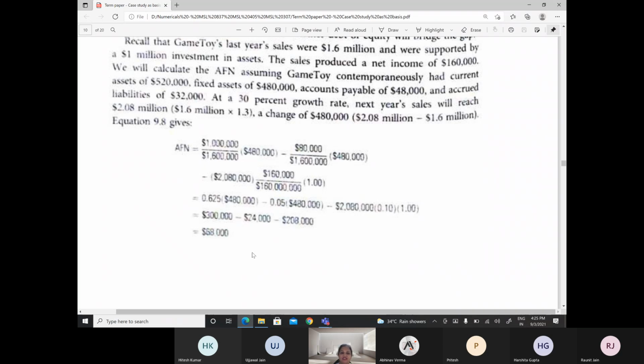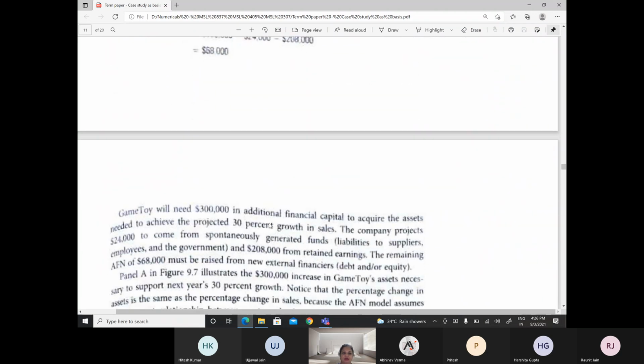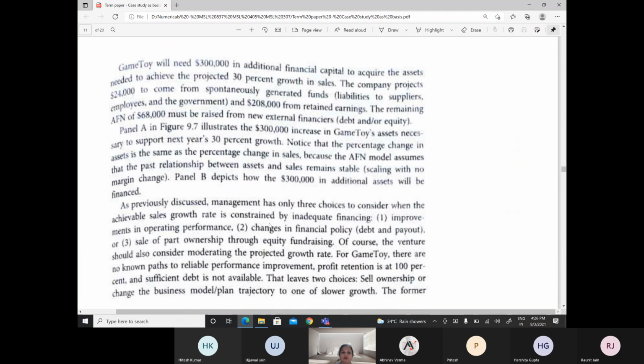Okay, so this then becomes, if you substitute and calculate the values, your AFN becomes $68,000. Okay, so Game Toy will need $300,000 in additional financial capital to acquire the assets needed to achieve the projected 30% growth in sales.